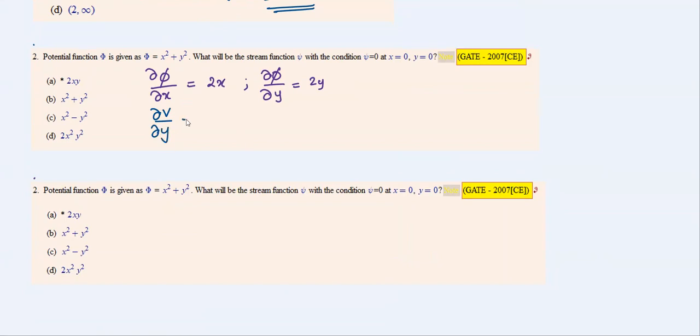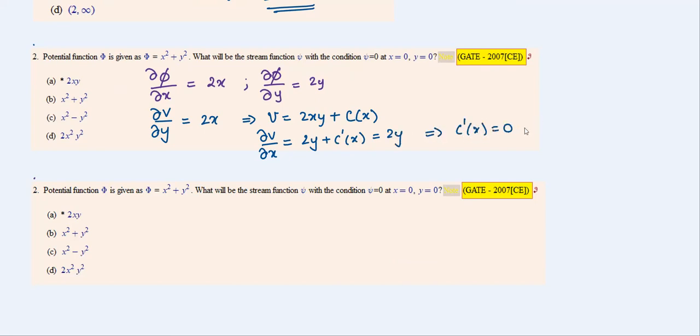Dou v by dou y should be equal to 2x, which implies v will be 2xy plus some function of x. Now, differentiate with respect to x. This is 2y plus c dash x. This is equal to 2y, which implies c dash x equal to 0, which implies c of x is equal to a constant.